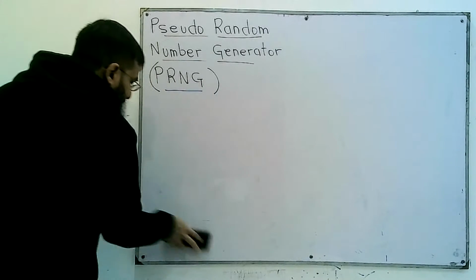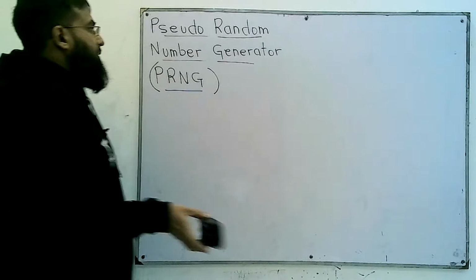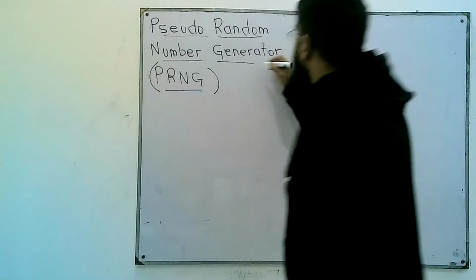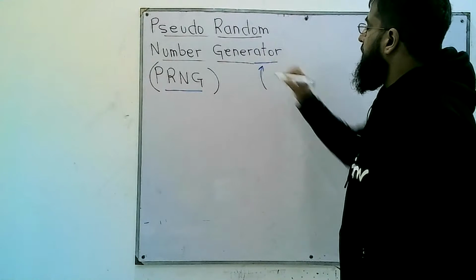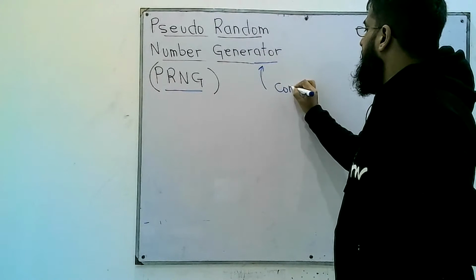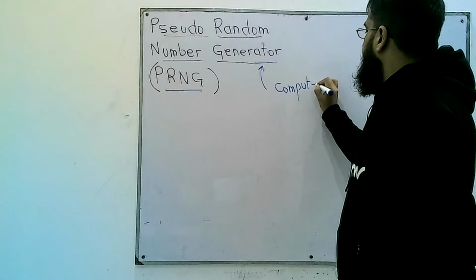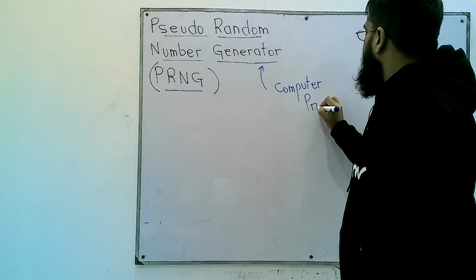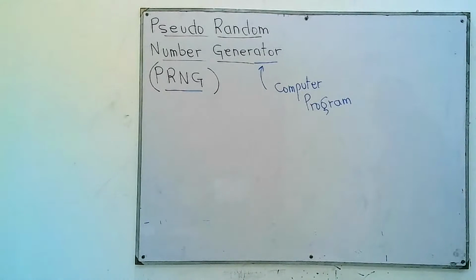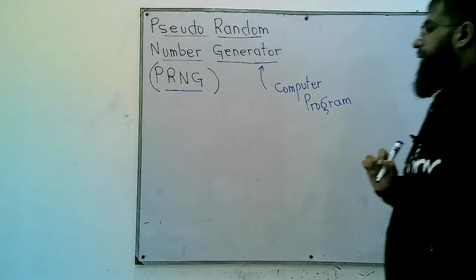When we say generator, this is not an electricity generator. It's not a 220 kilovolt generator. This generator is a computer program. So we require these computer programs to simulate various real-world scenarios.